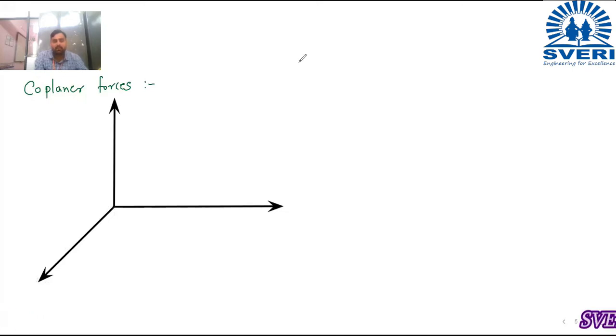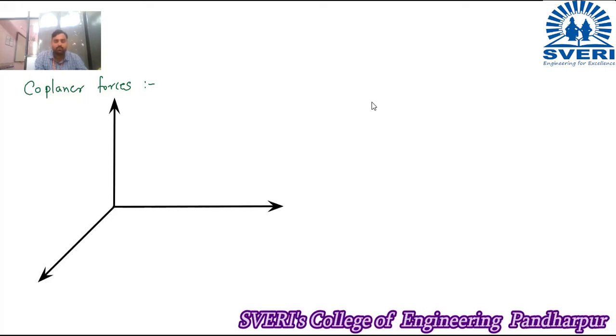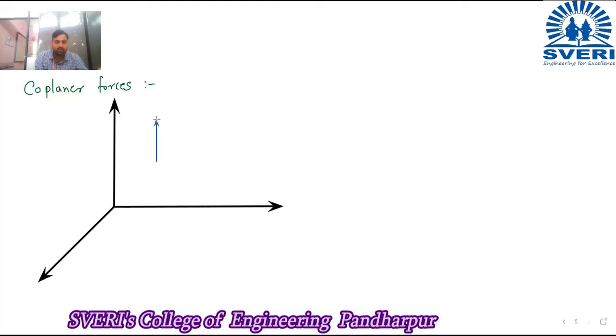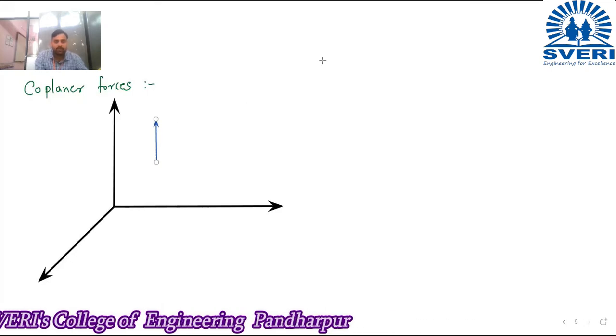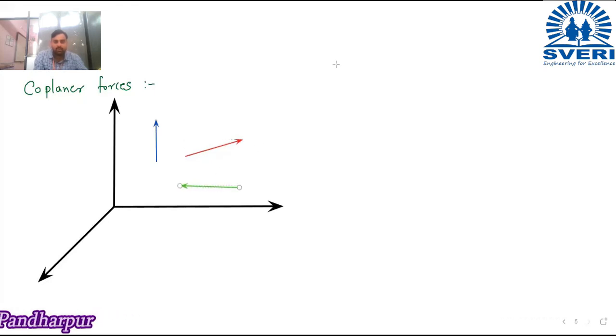Now in this plane, if I want to show the coplanar forces, how am I going to show them? See, this is one force, F1. Then this is F2. Here is another force, F3. And let us take one more, this is F4.